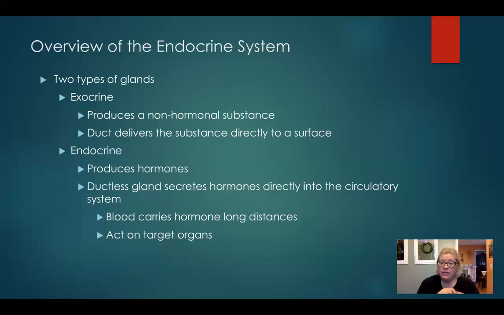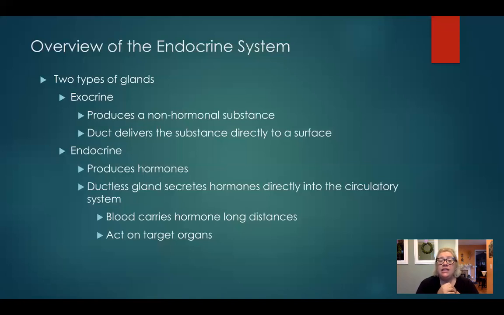Now, exocrine glands, as necessary as they are in the body, are not part of the endocrine system. And there's my cuckoo clock, sorry. The endocrine system is made up of endocrine glands, E-N-D. Endocrine glands are different because of two things.